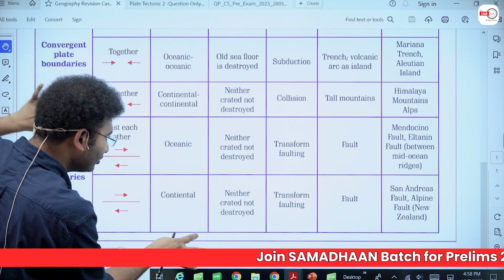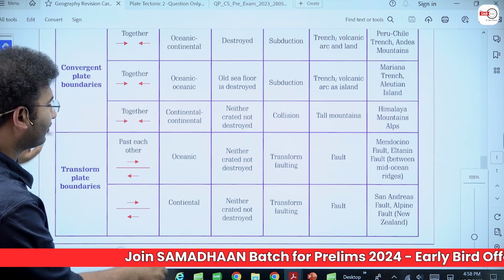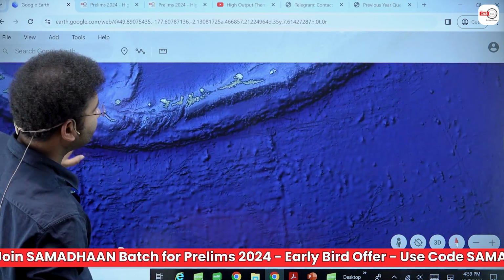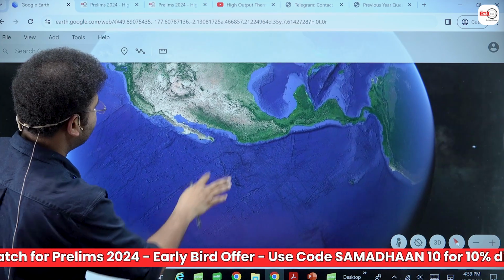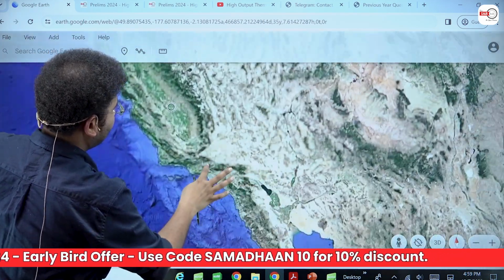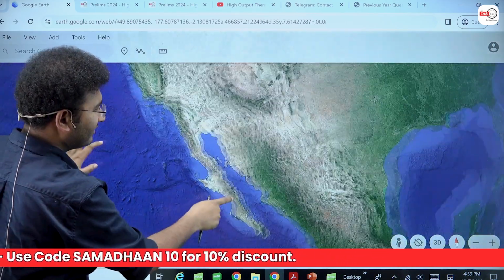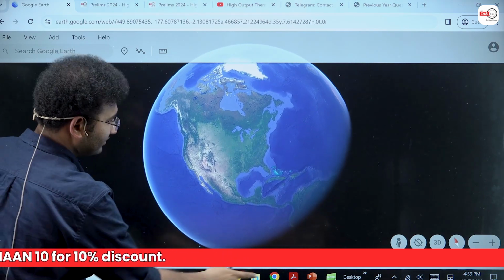Now, let me show you the San Andreas fault, where continental faults are seen. Look, your San Andreas fault is this. This is where you will get to see the San Andreas fault. Here, San Francisco is the biggest city that you are going to see.